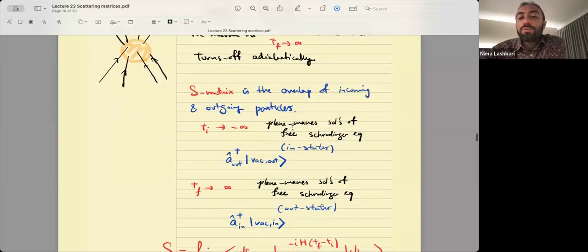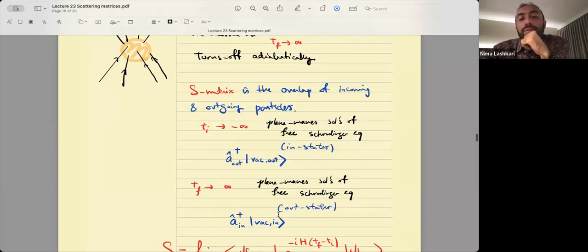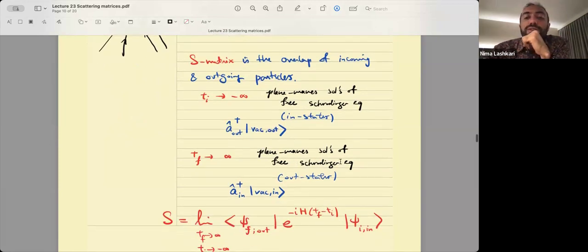The plane waves are solutions of the free Schrodinger equation. These are the in states. There's a Hilbert space at minus infinity in time. And then the plane waves that are solutions of the free Schrodinger equation as t goes to infinity are the out states.